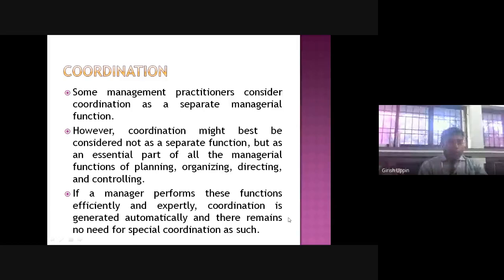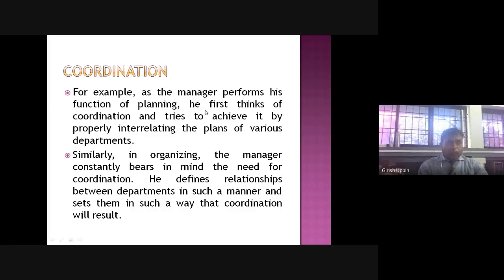If a manager performs these functions efficiently and expertly, coordination is generated automatically, and there remains no need for special coordination as such. If these works are done properly and efficiently, that means there is good coordination. For example, the manager performs his function of planning.